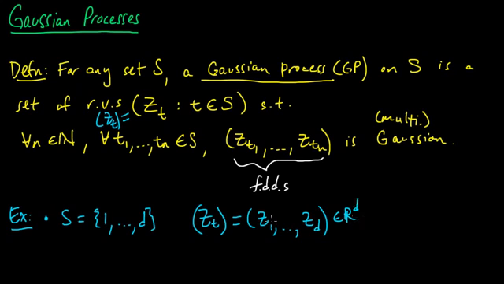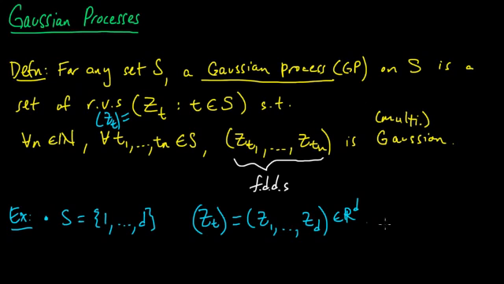And if we put some multivariate Gaussian distribution on this, then of course any subset of those random variables is going to be multivariate Gaussian. That follows by the affine property of Gaussian distributions. And so this satisfies this definition, right? Because it's a collection of random variables on this set S, and for any subset of those random variables, that subset is Gaussian distributed.